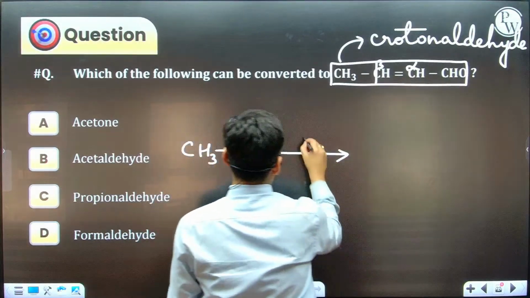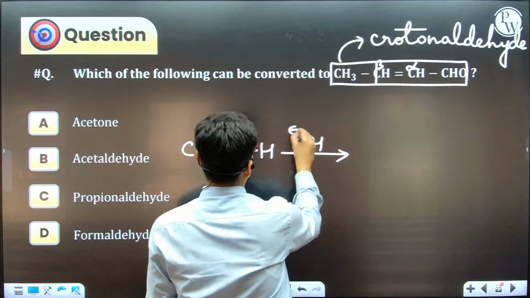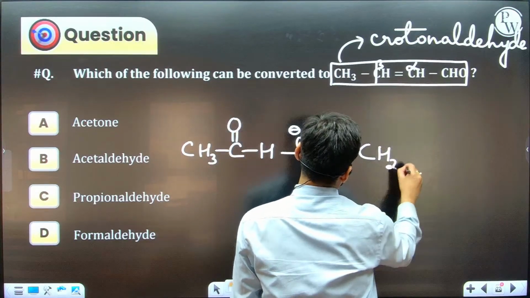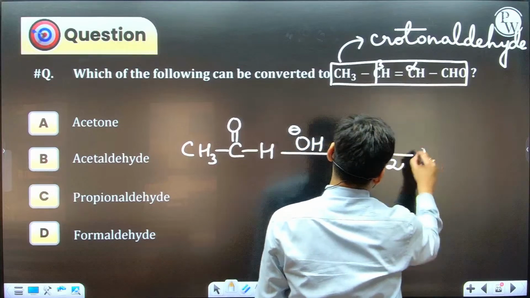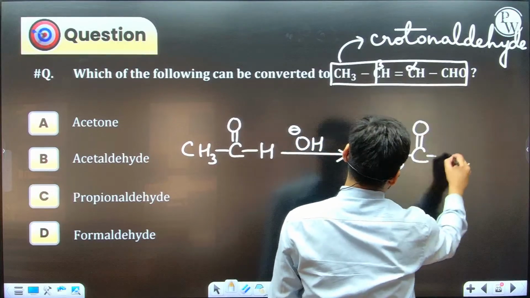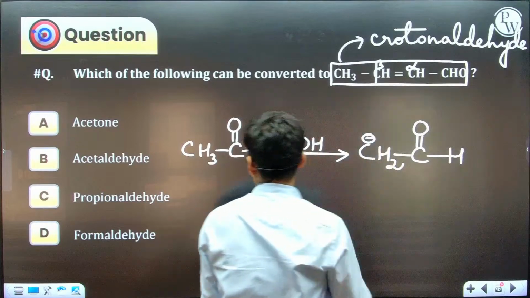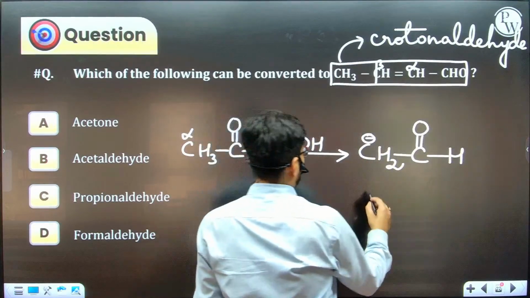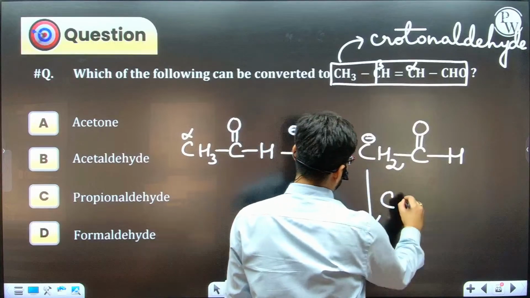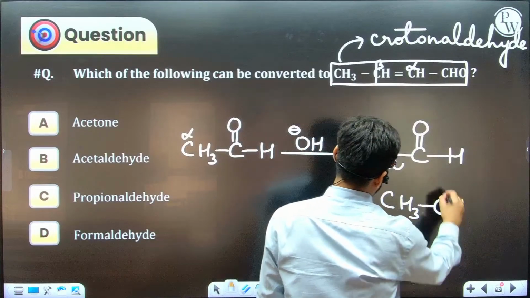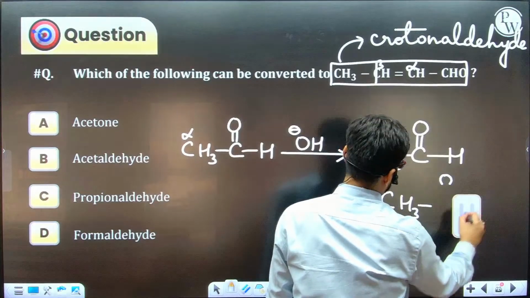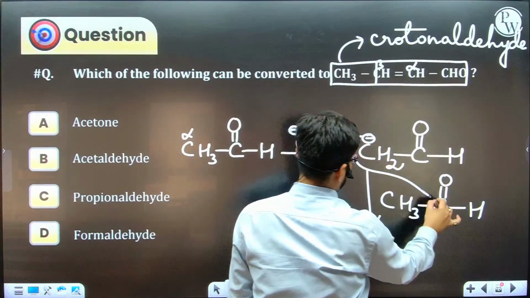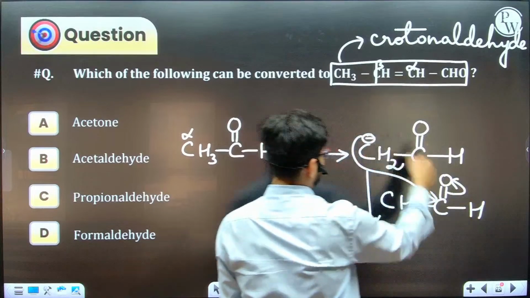And if I start showing the mechanism, then this is the first step, that is formation of enolate. One alpha hydrogen will be abstracted, right? Alright. After that, this will attack another molecule of ethanal. So this is the nucleophilic addition.